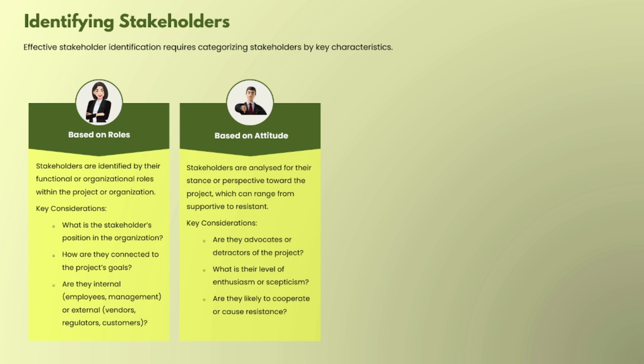Then, what are their levels of enthusiasm or skepticism? It means whether they are enthusiastic or they are just not happy, saying negative things every time. Such stakeholders we need to identify. Then, are they likely to cooperate or cause resistance?